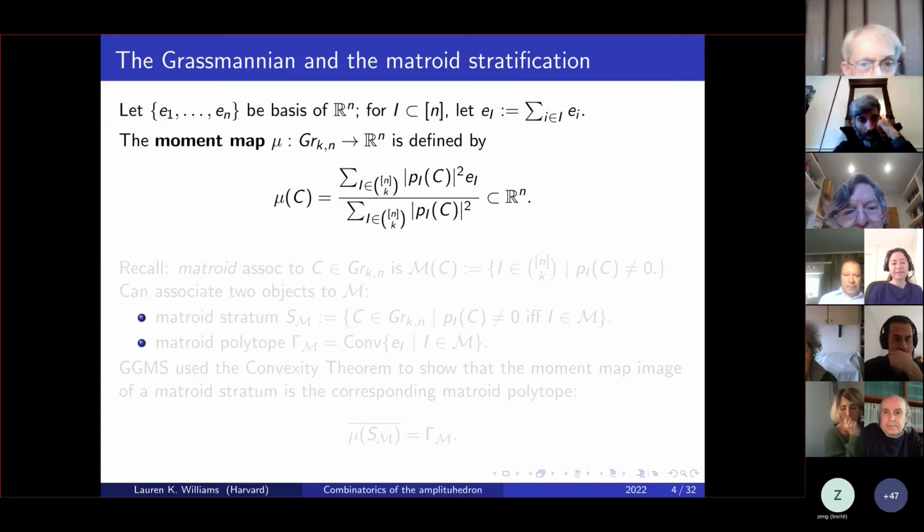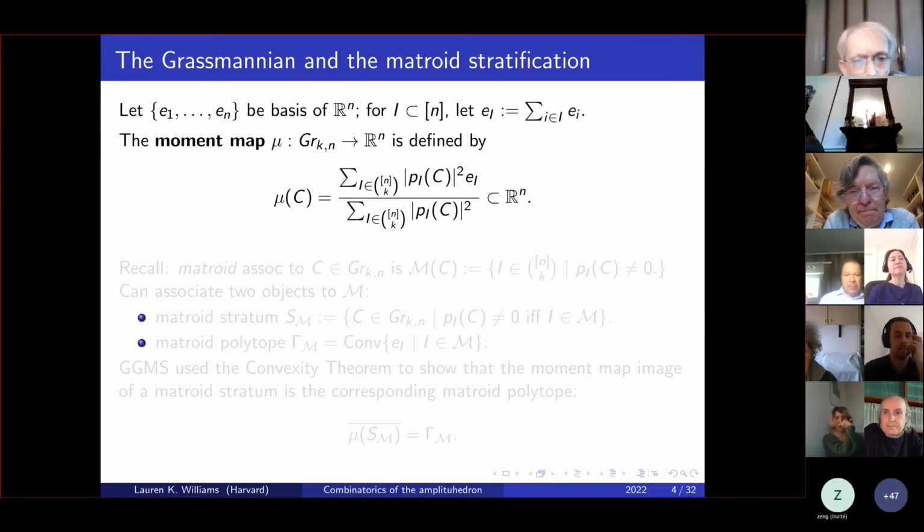And we're going to map this to a linear combination of the e sub I's, these are the indicator vectors, scaled by the Plücker coordinates. And then we're dividing by the sum of the squares of the Plücker coordinates just so that all vertices have coordinates between 0 and 1. So mu of C is going to be a point in R^n with coordinates between 0 and 1.